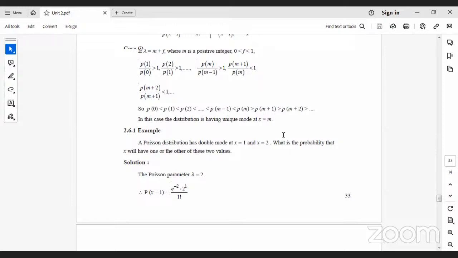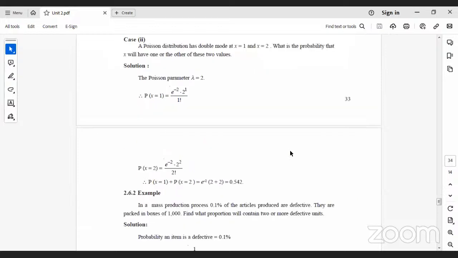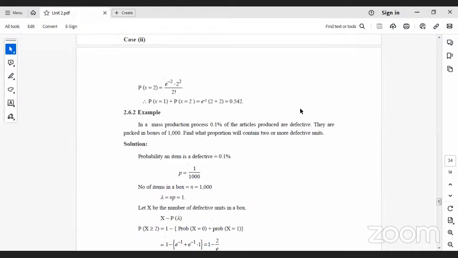Here lambda is equal to 2, x follows P(2), and we need x is equal to 1 or x is equal to 2. So e power minus 2 into 2 power 1 by 1 factorial, and e power minus 2 into 2 square by 2 factorial. So x is equal to 1 plus x is equal to 2 gives e power minus 2 into 2 plus 2, that is 4 e power minus 2, which is 0.542. We are writing here.